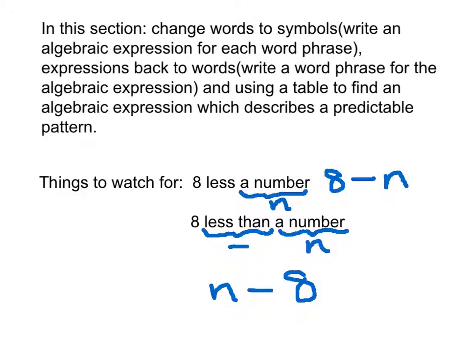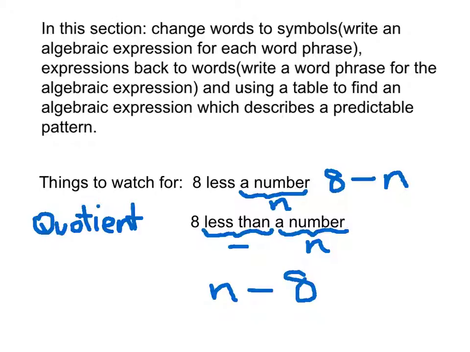The other thing to watch for is make sure you know what the words mean. Quotient, which is spelled Q-U-O-T-I-E-N-T, quotient is like division. It's the answer to when you divide one something by another something.